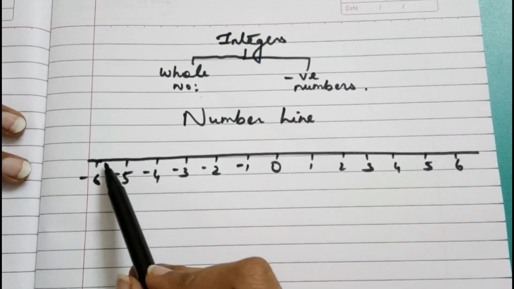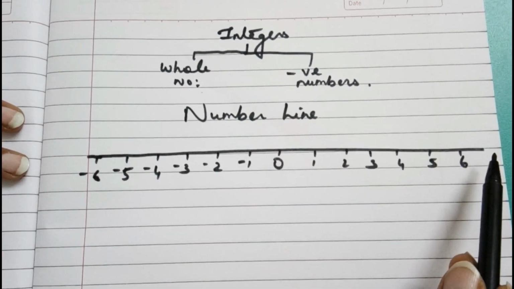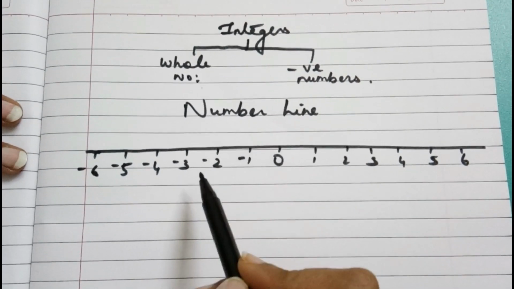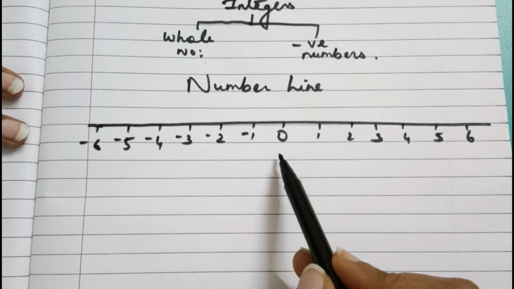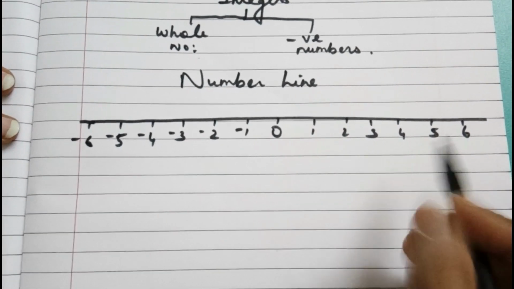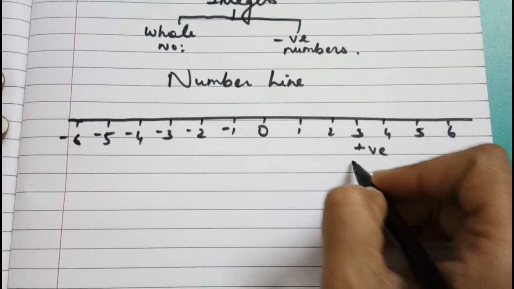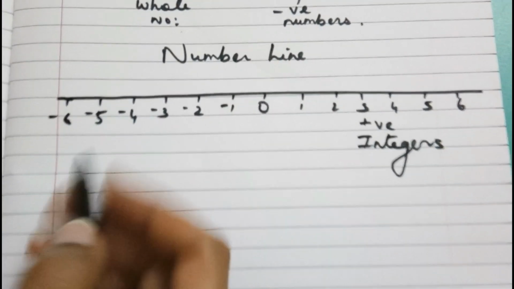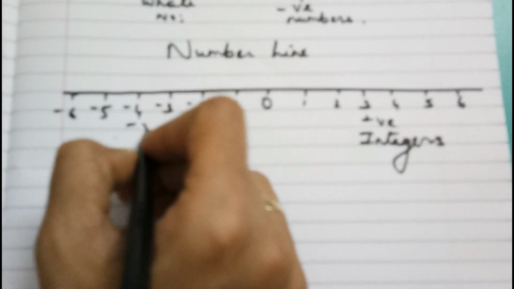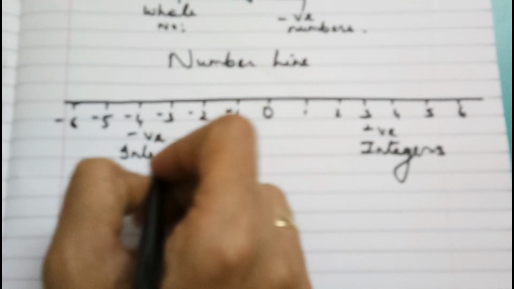So basically this line is called a number line, and the numbers which belong to the right side of the 0 are called positive integers, and the numbers which belong to the left side of the 0 are called negative integers.